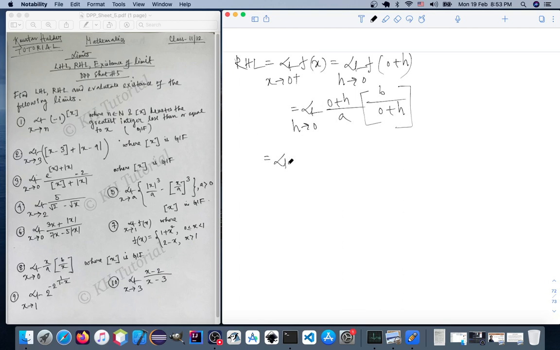This equals limit of h tending to 0, h by a. We again substitute the box with b by h minus the fractional part of b by h. And if we bring the h by a inside, we get b by a minus h by a.